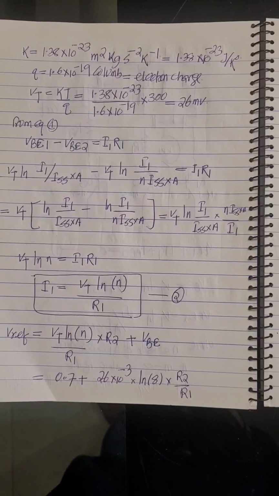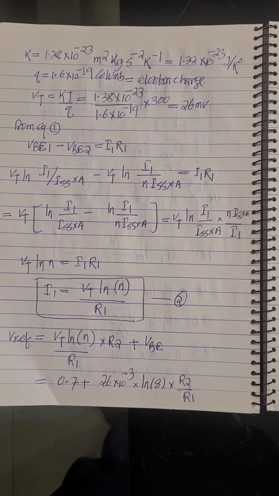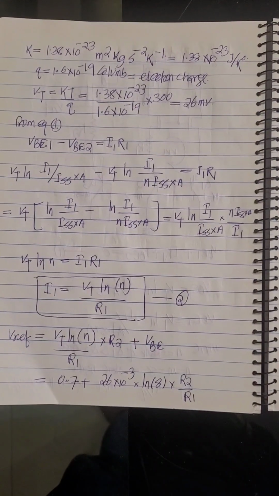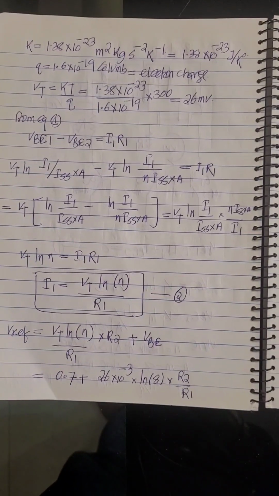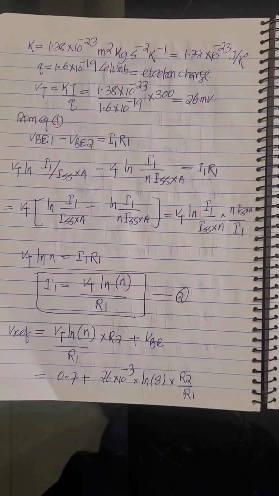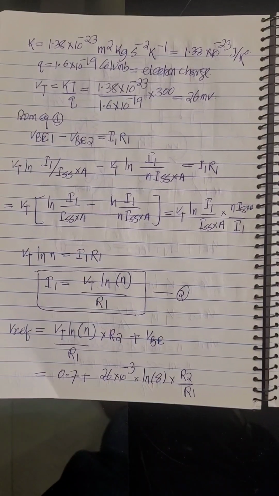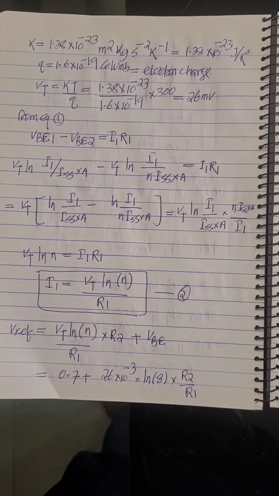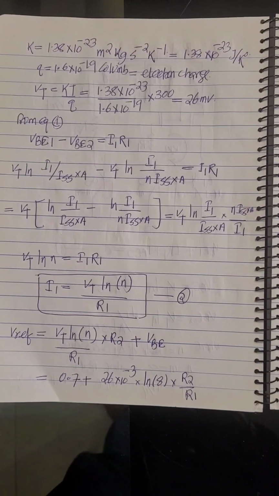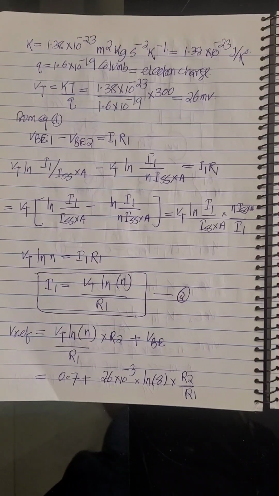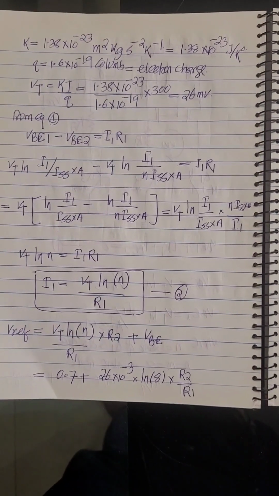From equation 1, VBE1 minus VBE2 is equal to I1 R1. Now if you put the VBE1 and VBE2, you will get the equation like Vt ln I1 divided by Is times A minus Vt times ln I1 divided by N Is times A equal to I1 R1.